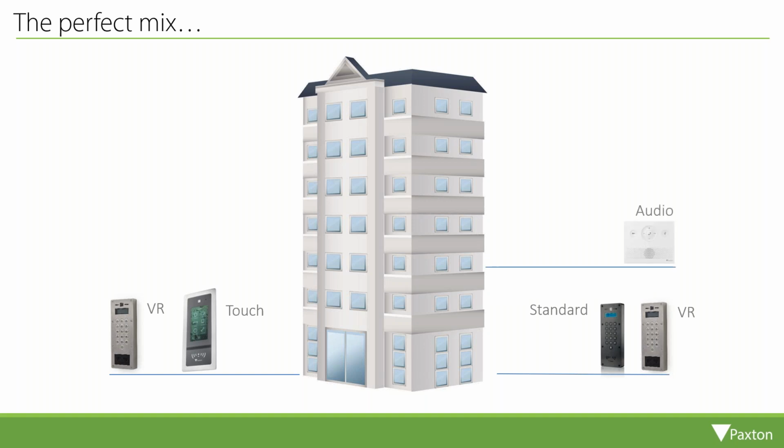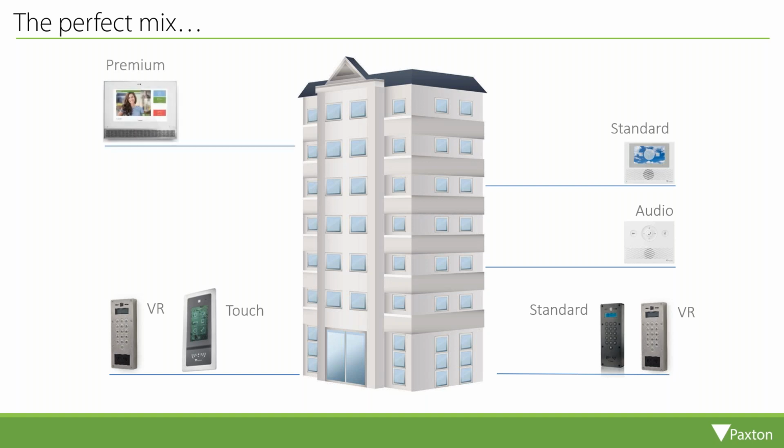And internally, you may choose to use a mixture of the monitors we've got available, be it the audio, the standard, and the premium. To pick on a couple of applications, if it was mixed residential, it may be that the audio monitor is perhaps used for affordable housing, whilst the standard or the premium may be used for things like the concierge or the privately owned housing.